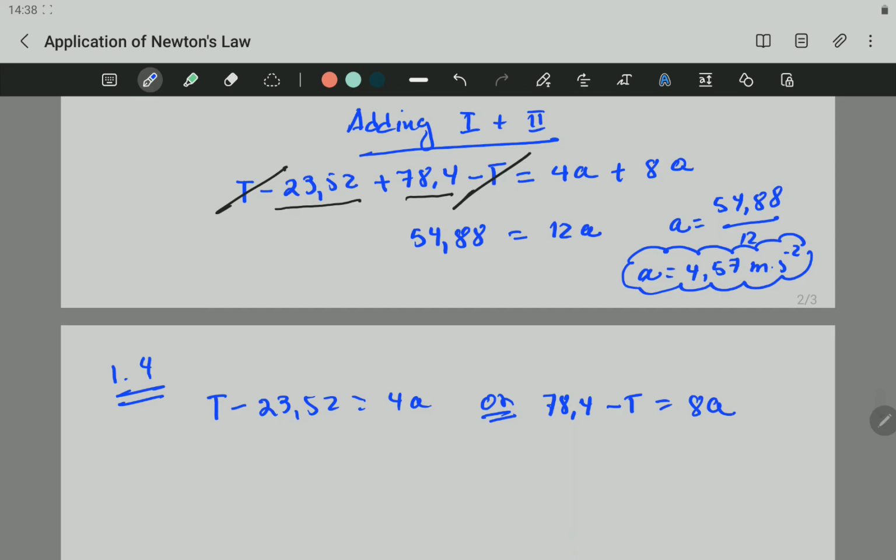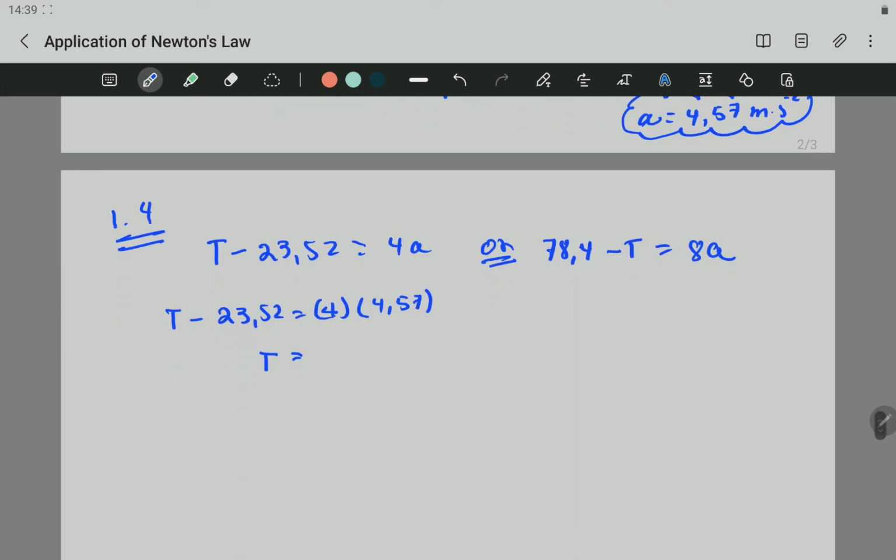So let's do both just for you to see that it's the same. T minus 23.52 is equal to 4 multiplied by the acceleration, which is 4.57, and then the answer for T will be equal to 41.8 Newton.